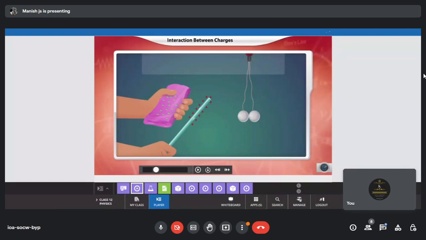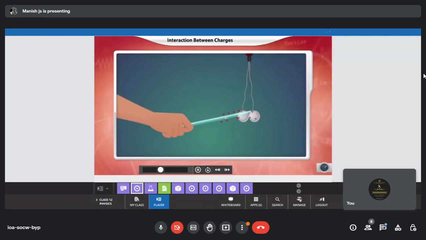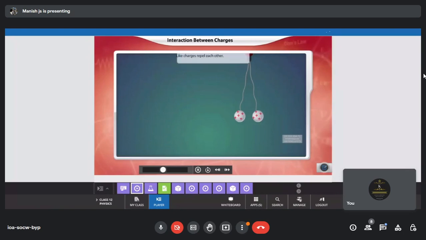சரி, continue பண்ணலாம். Let us now touch these pith balls with the glass rod and see what happens. Pith balls அப்படிங்கிறது என்னன்னு பாத்தீங்க அப்படின்னா they are nothing but metallic balls.